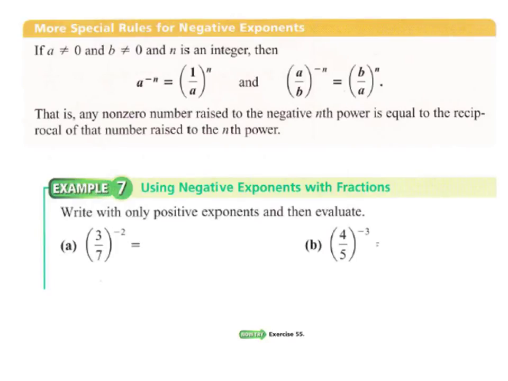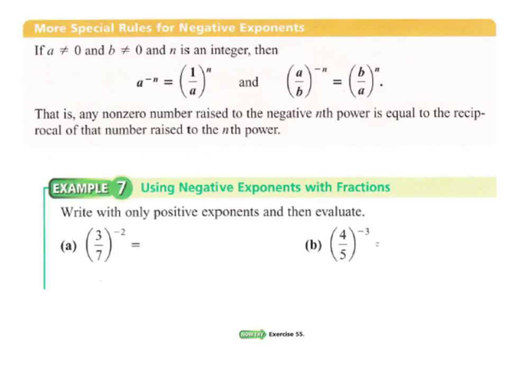Again, a couple other special rules for negative exponents. A negative exponent, a to the negative n, is 1 over a to the nth power. If you have a negative exponent of a fraction, then you just flip the fraction over. It's the reciprocal to the positive exponent.